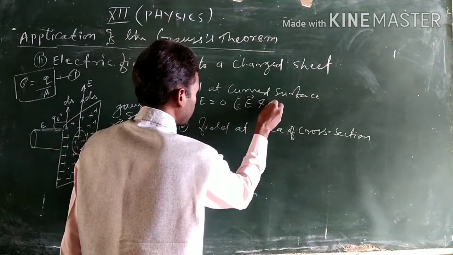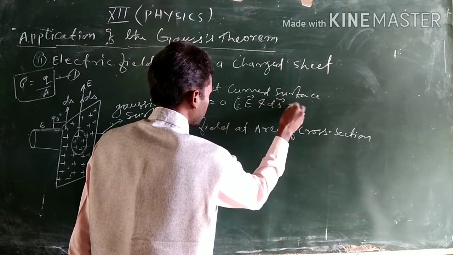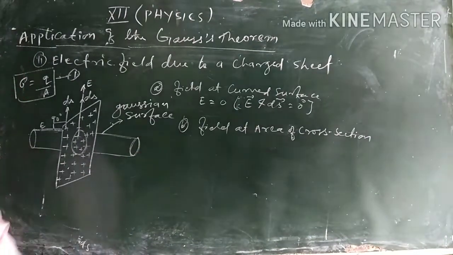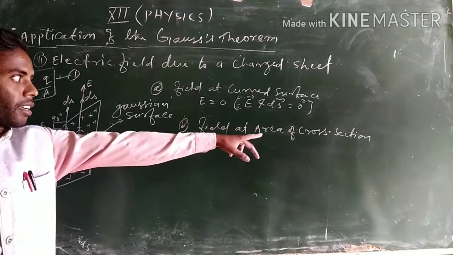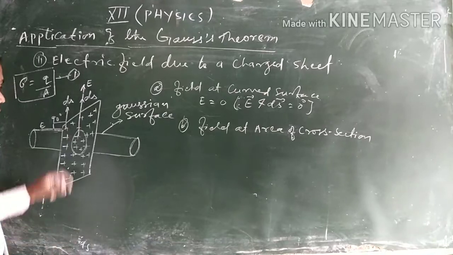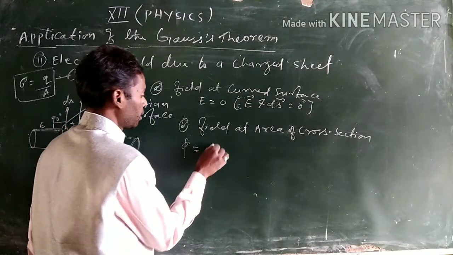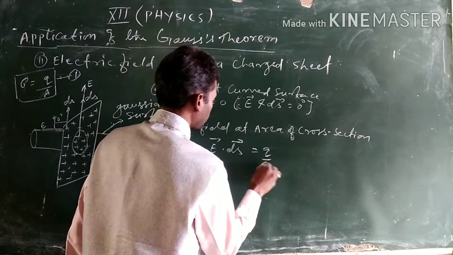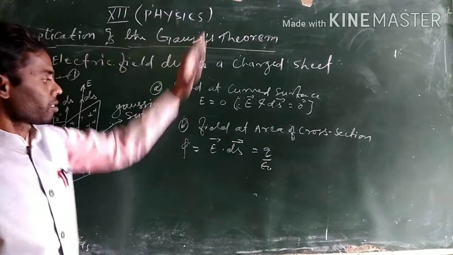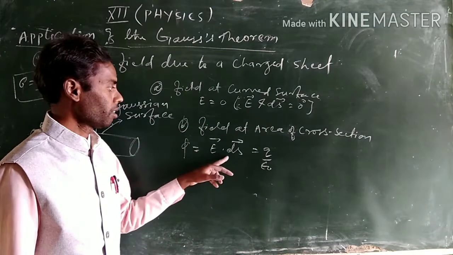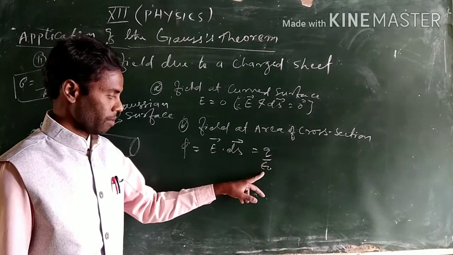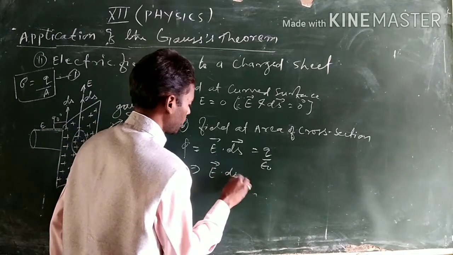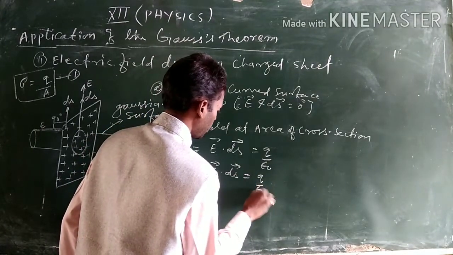E and ds make 0 degrees at the cross section faces. Now, using Gauss's theorem, phi is equal to the integral of E dot ds, equal to Q divided by epsilon naught.